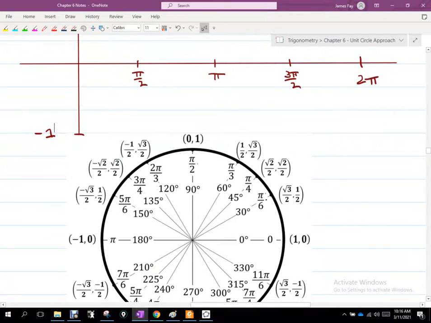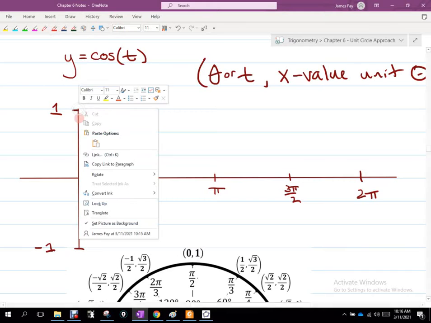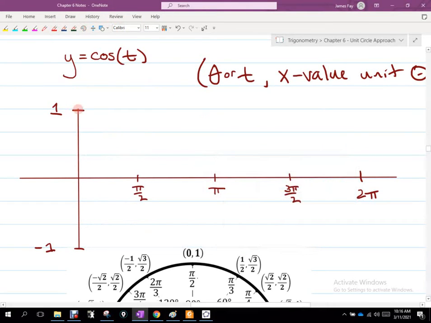So with 0 radians, the cosine is 1, right? Okay. So I'm going to plot the point 0, 1, right there.